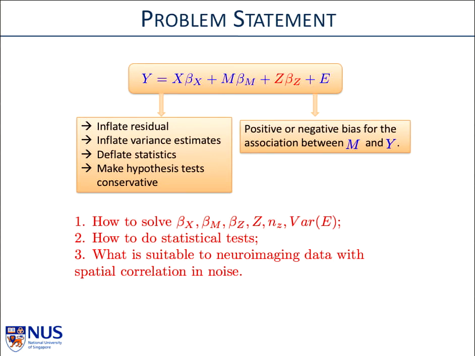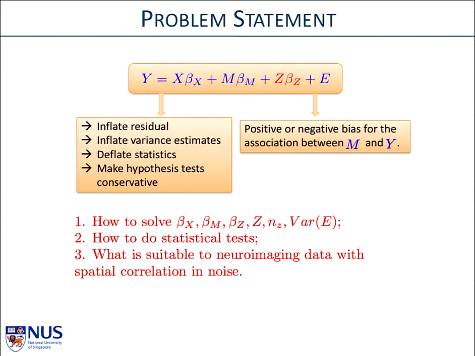Okay, so this is somewhat like a linear regression model with things you know plus the things you don't know. It's kind of a mixture of both together. And of course, the aim we try to achieve is to get the best estimate for beta M in order to make more robust statistical inferences on beta M.